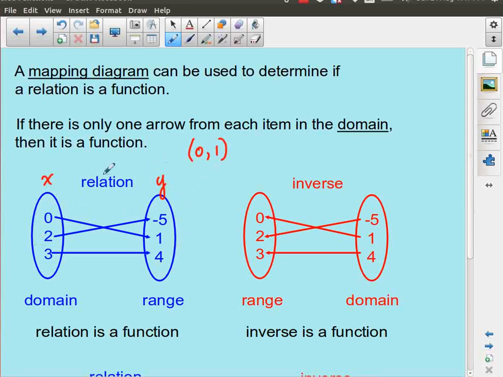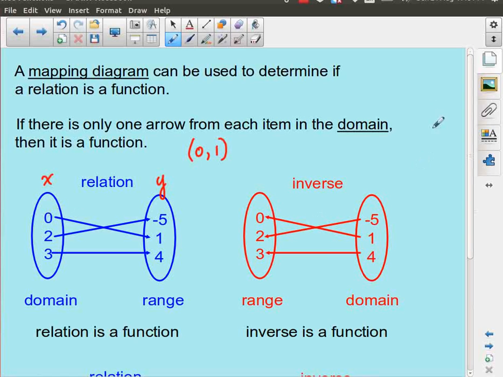If your mapping diagram only ever has a single arrow from the domain to any element in the range, then you know that you have a function. So, another way of thinking of that is saying, when x is equal to 0, how many values of y can I have? Because remember, graphically we need to be able to pass the vertical line test.